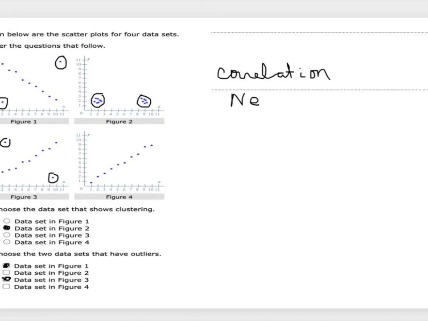If it were a line, it would be a negative slope. So that's figure 1. Has a negative correlation. That's easy. It's going down. Figures 3 and 4 have a positive correlation because from left to right, they're going up. So this would be a positive correlation or a positive slope to that line that would go through there.